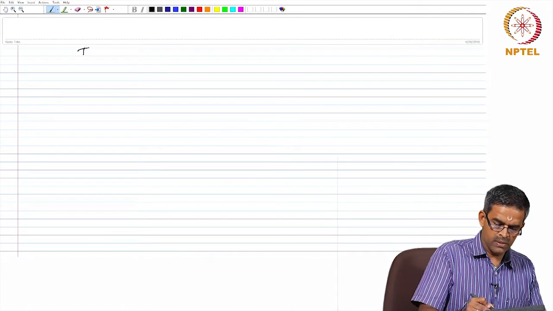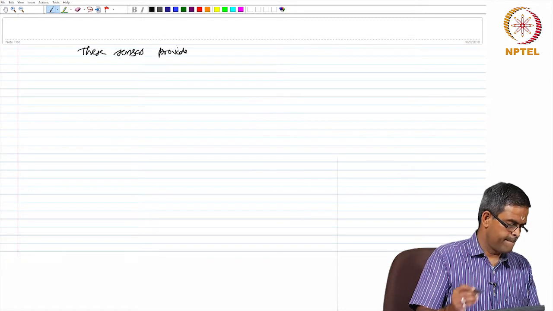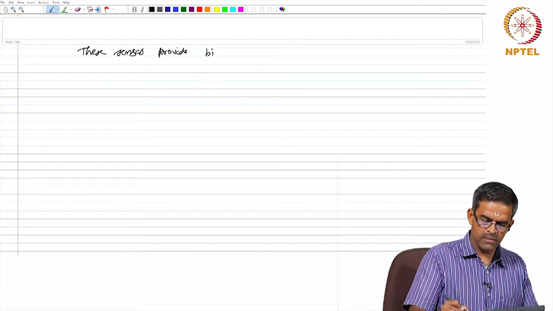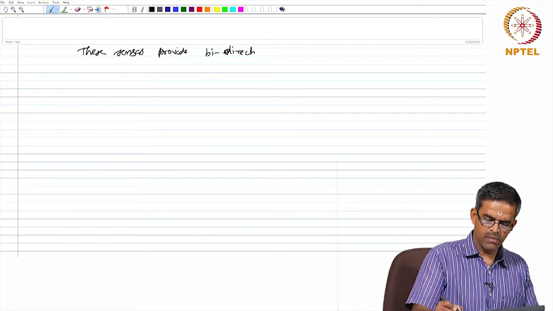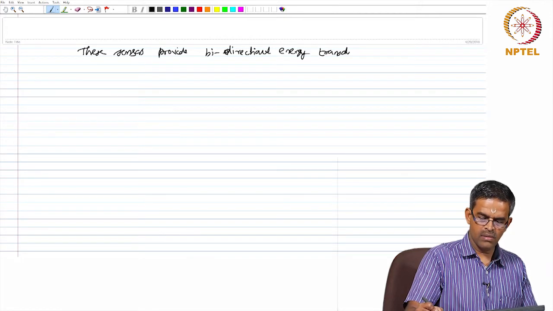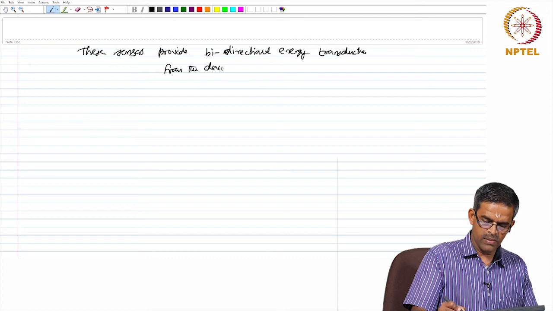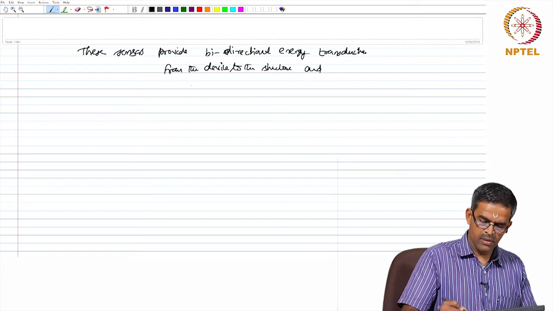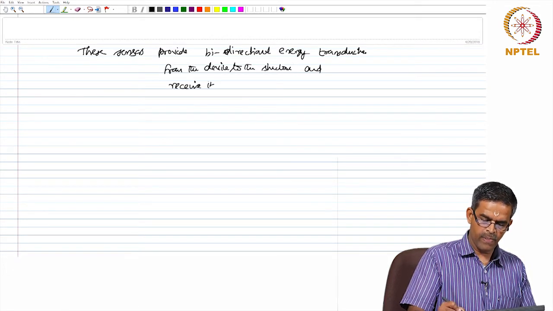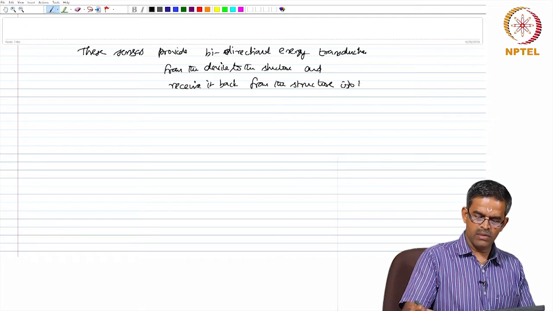These sensors provide bidirectional energy transduction, that is, from the device to the structure and receiving it back from the structure into the device.